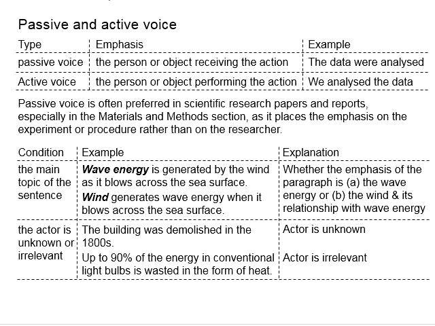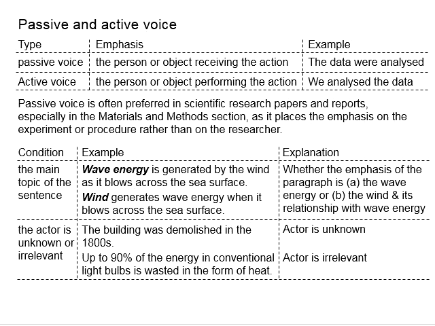You know that the passive voice is often preferred in scientific research papers and reports. It is especially used in the sections of materials and methods, as the emphasis is normally on the experiment and procedures rather than on the researchers.